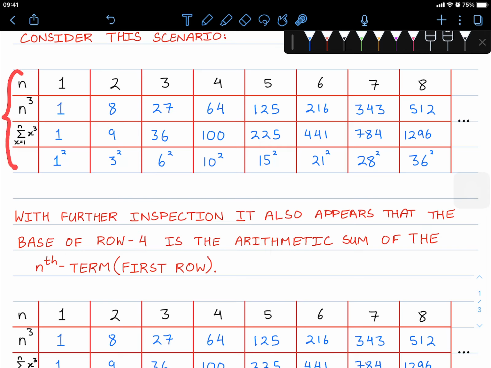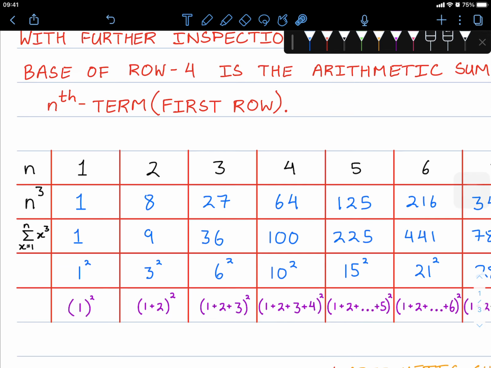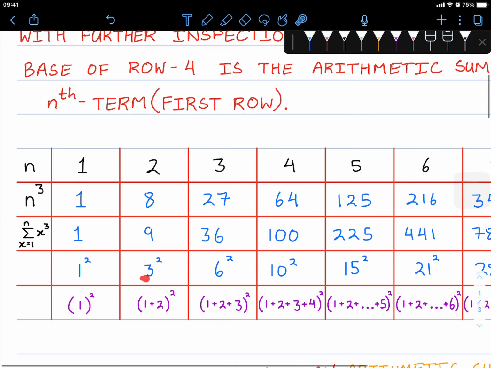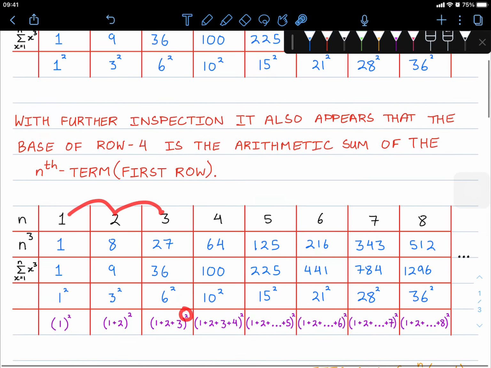These are the 4 rows. I've made a 5th row to really emphasize this. 1 is 1 squared. It's kind of obvious. But 3 squared, that's 1 plus 2 squared. And 6 squared is 1 plus 2 plus 3 squared. And it seems to be the case.